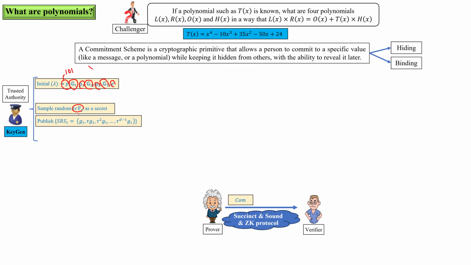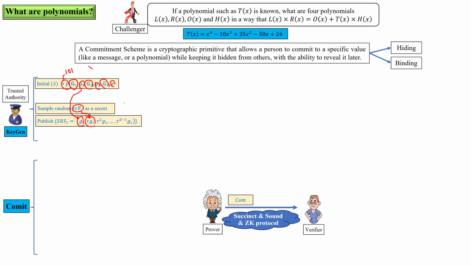The first element of the SRS equals G1, which is the generator of the first group. So this is G1. The second element of the SRS is tau multiplied by G1. The tau is picked here in the previous step.